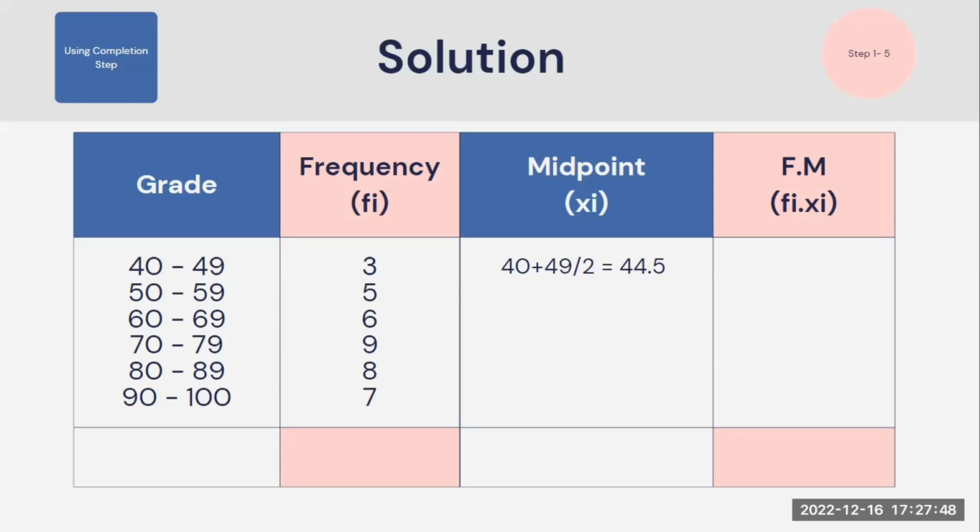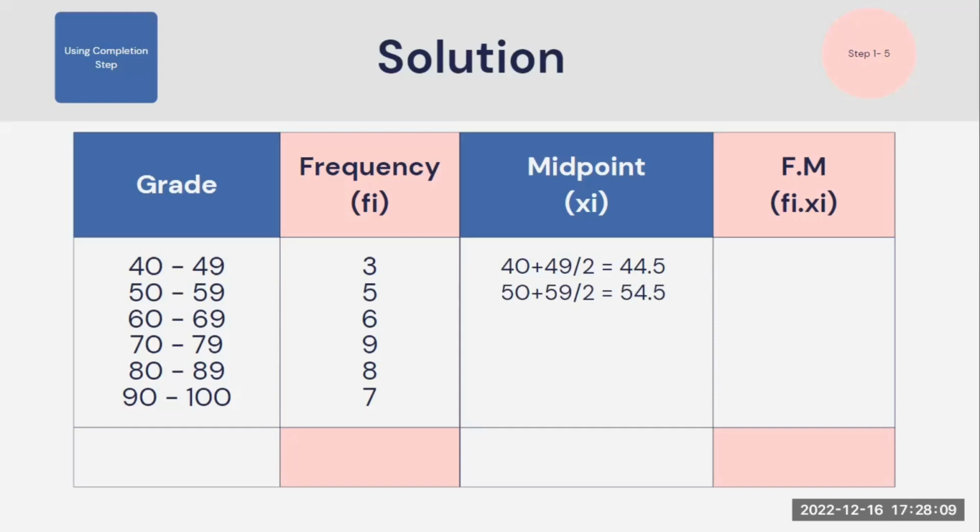So, that's the midpoint for this interval. Now, let's do the same thing for the next one. So, the second midpoint is going to be 50 plus 59 divided by 2 equals 54.5.